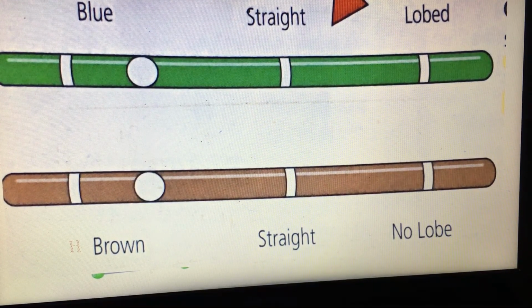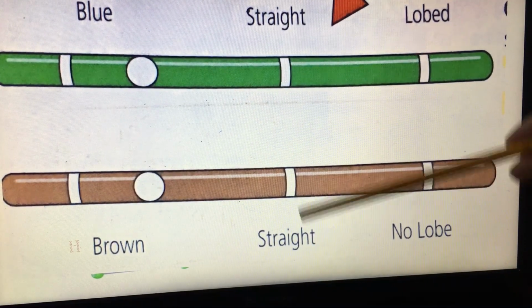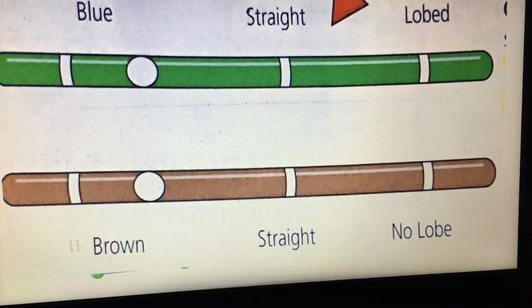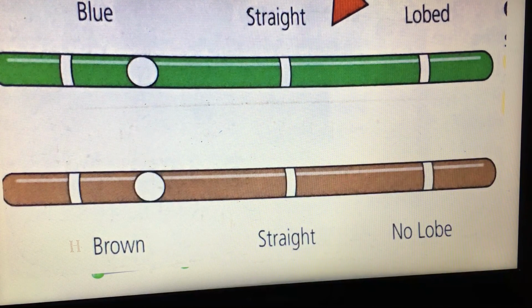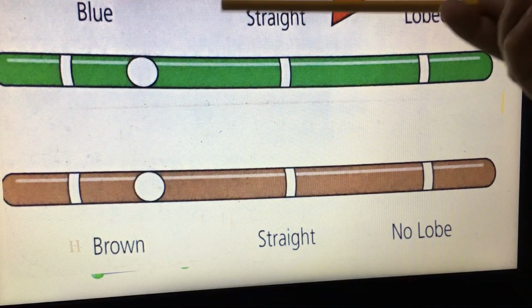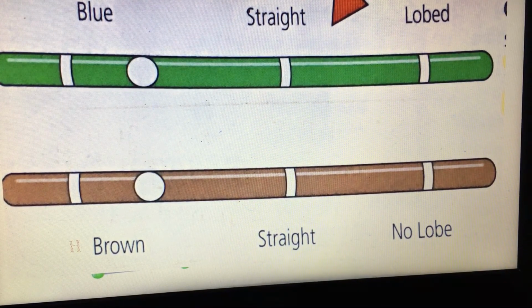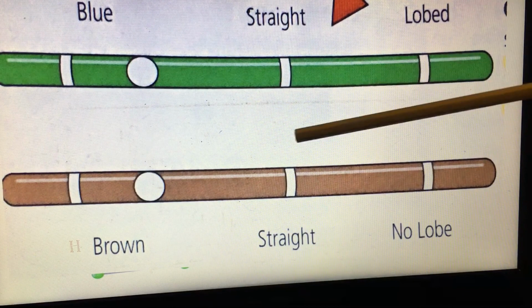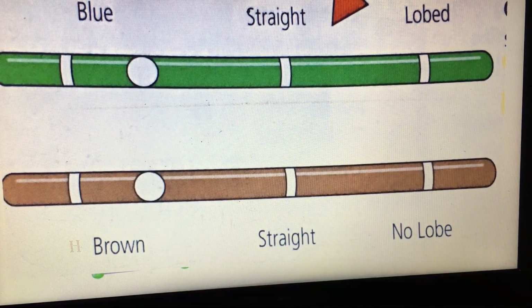Now homozygous: if the nucleus carries the same allele on both members of the homologous pair, or in the two chromosomes. For example, here we have the hair structure characteristic. In the first chromosome, straight hair texture, and in the second chromosome also straight hair texture.